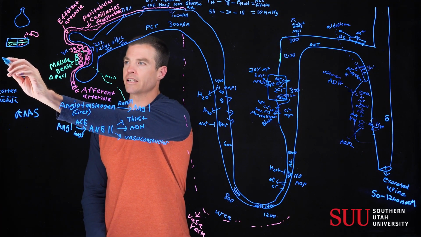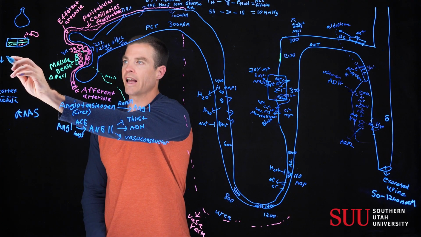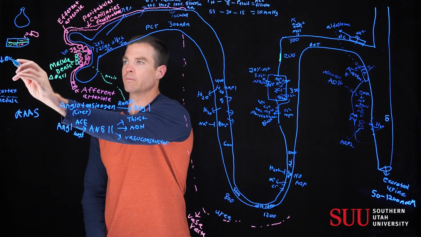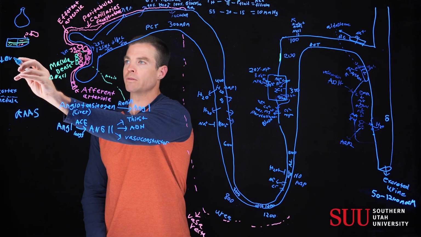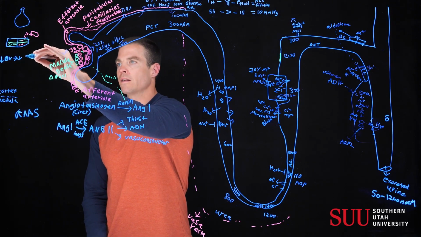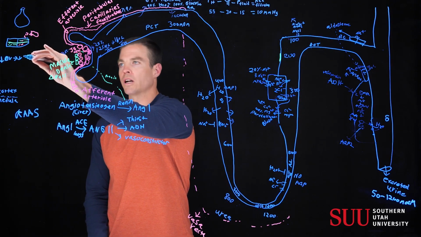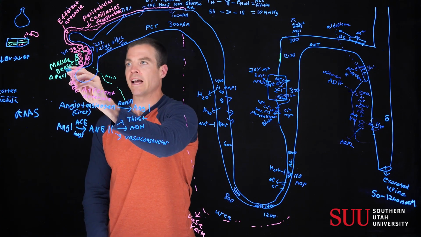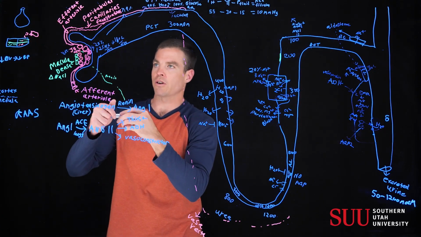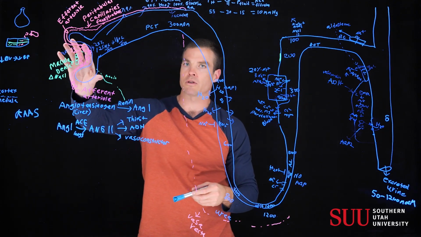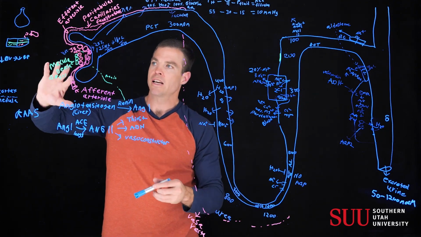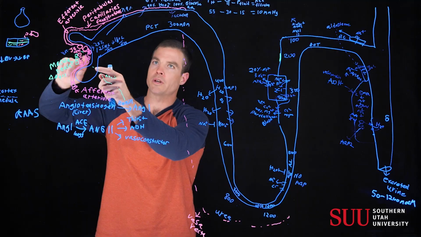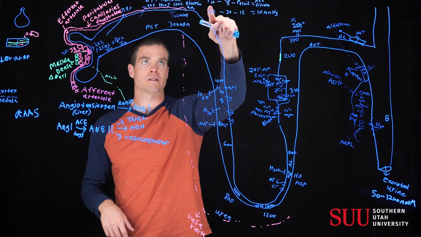So dehydration is going to cause a lower blood volume. If you have a lower blood volume, that's going to cause a lower, what? A lower blood pressure, right? And so you have two things going on. So think about what's happened here in the juxtaglomerular apparatus. You have lower blood pressure, so you have lower hydrostatic pressure, all right?